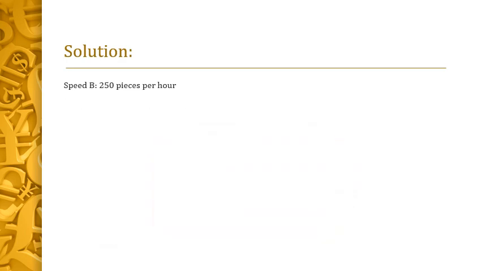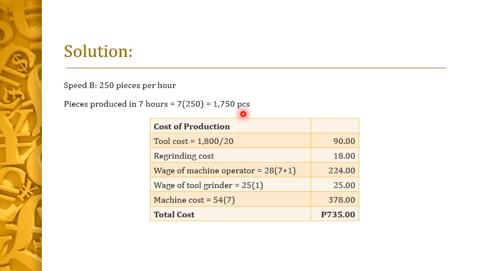Speed B has an output of 250 pieces per hour. The pieces produced in 7 hours is equal to 7 hours times 250 pieces per hour, equal to 1,750 pieces. Now we compute the cost of production for speed B. The tool cost is still equal to 90 pesos.